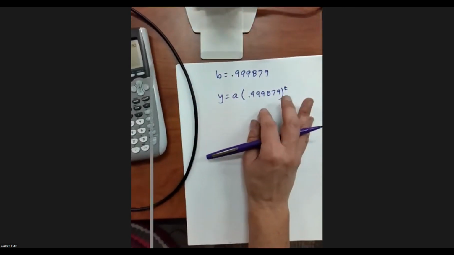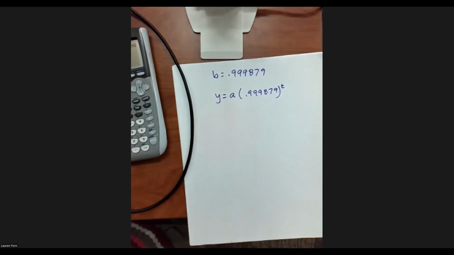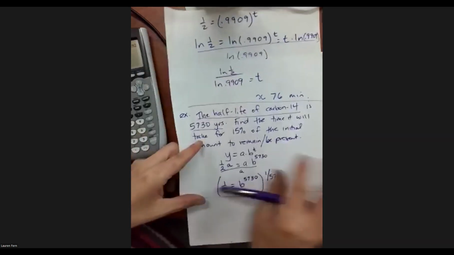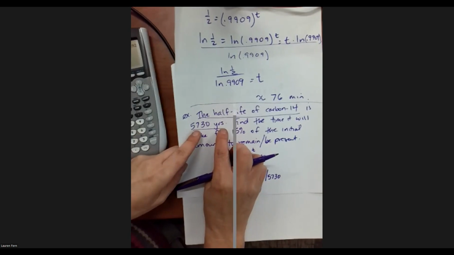All right. Now, something to note. Were we given our initial value? Yeah, we weren't given our initial value. The only piece of information we had is what the half-life of carbon-14 is.